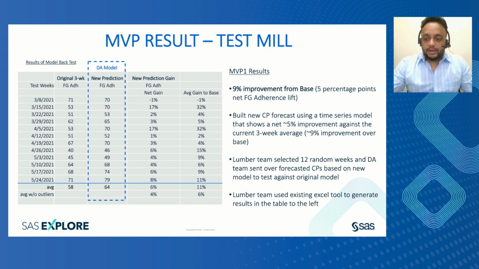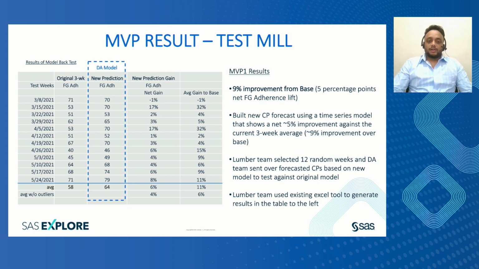As I said, we have more than 10 mills in Georgia Pacific. Once we started this analysis, we did it for one of our mills. Earlier, the process was followed by our operation team, who predicted the CP, or conditional probability, based upon a 3 weeks moving average.